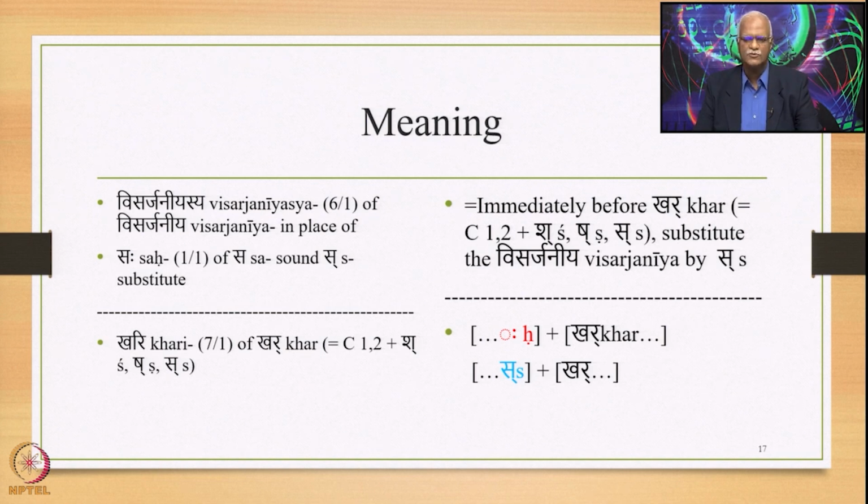And so the meaning of the sutra is immediately before khar, substitute the visarjaniya by s. I repeat, immediately before khar. Khar is consonants 1 and 2 plus sh, and s. Substitute the visarjaniya by s. So we have visarga plus khar as the input and the output generated is s plus khar.